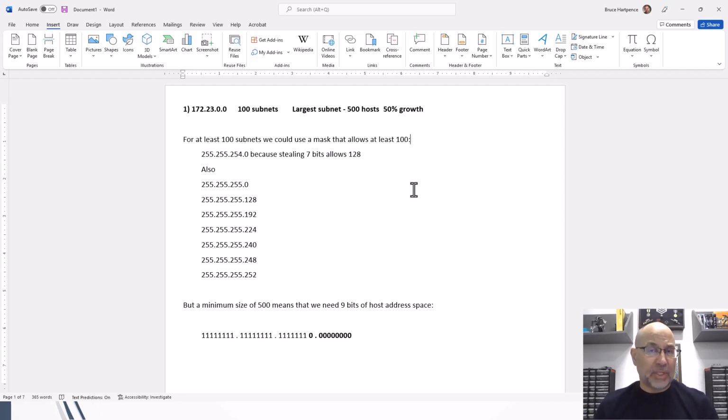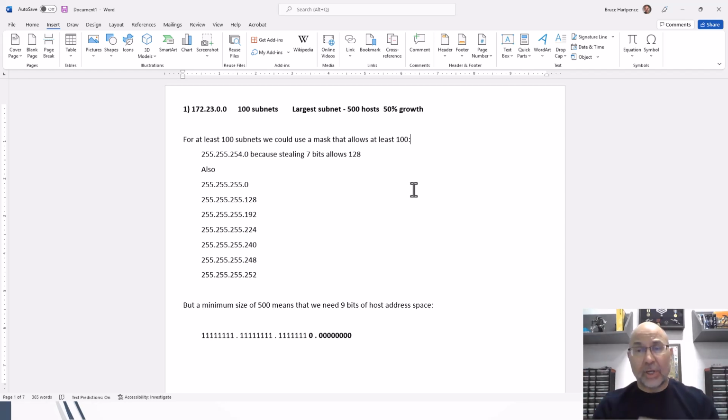And so 8 bits gives us 256, so we need 9 bits to give us 512 possible. So if we're just starting with a class B, then we go, okay, cool. I need 100 subnets, so I need at least 7 bits. And then for 500 hosts, I need at least 9. 7 plus 9, I'm at 16.